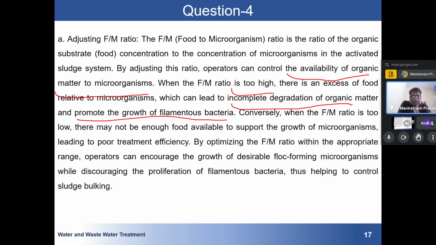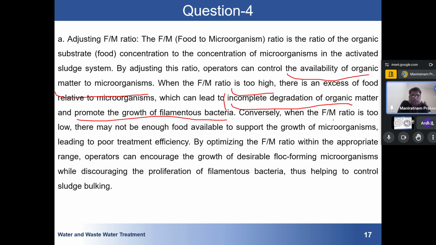So remember the different terms which I am linking with time as I discuss each question. The incomplete degradation of organic matter promotes the growth of filamentous bacteria, which will make the sludge very difficult to settle.